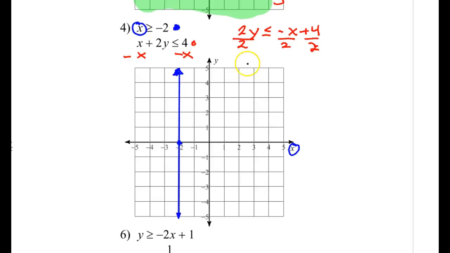So finally we have y is less than or equal to -1/2 x, and then 4 divided by 2 is +2. So we'll start at +2. And we'll go down 1 for negative, right for positive, down 1, right 1, up and left. And this is also a solid line because it has a line underneath.